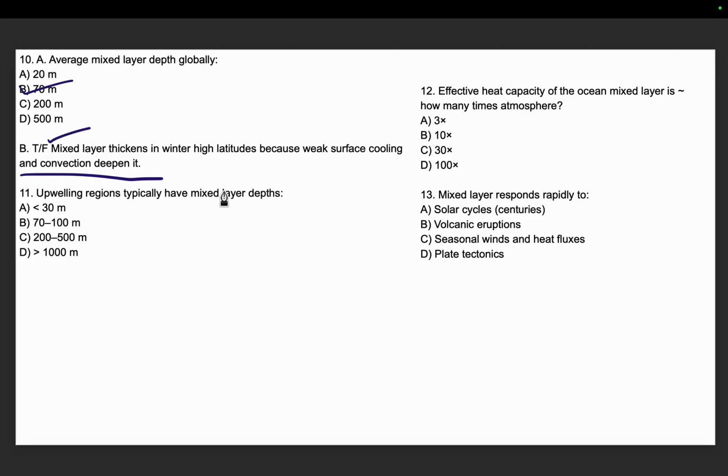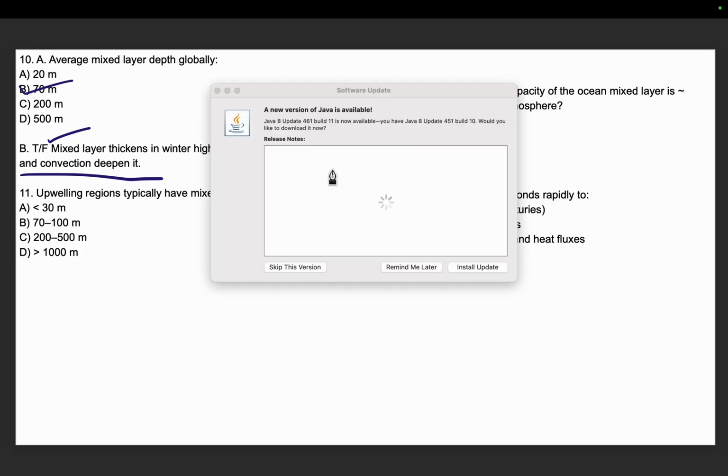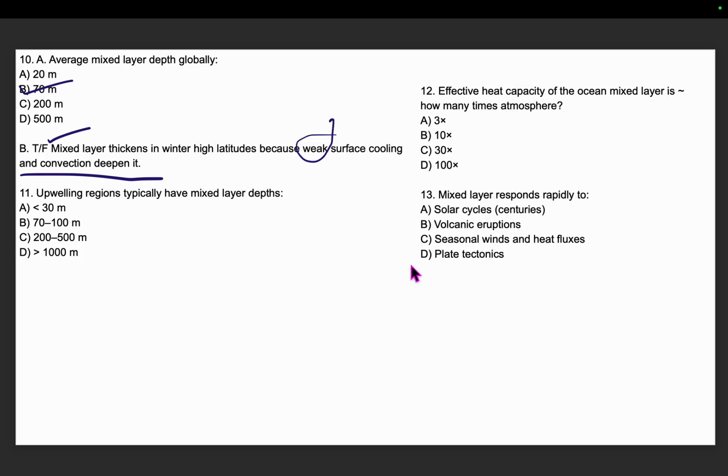You can check from your notes. This is not weak. In the higher latitudes, there is strong surface cooling and convection, not weak.